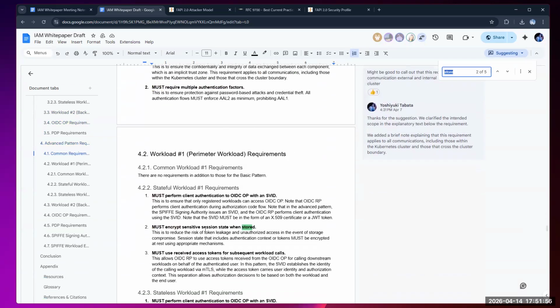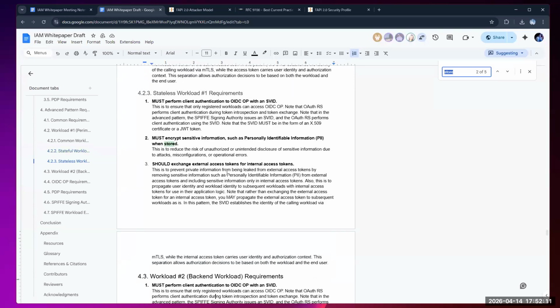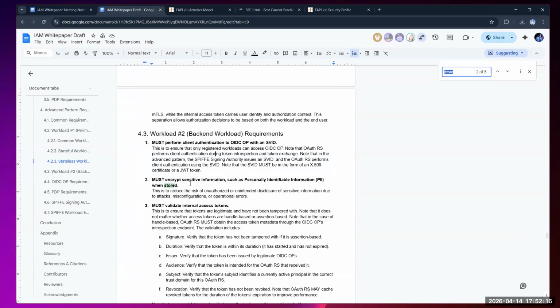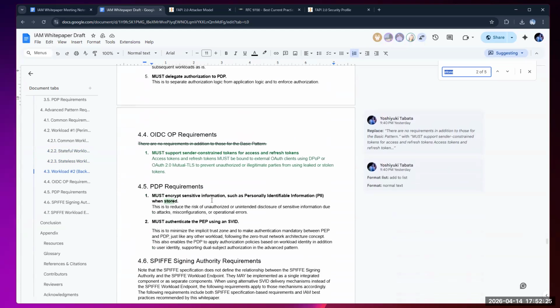"Must encrypt sensitive session state when stored." "Must encrypt sensitive information such as PII when stored."